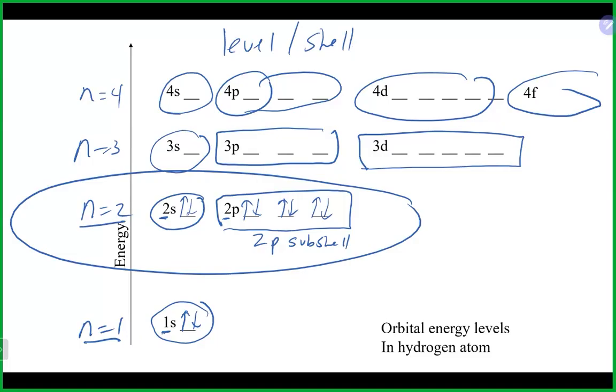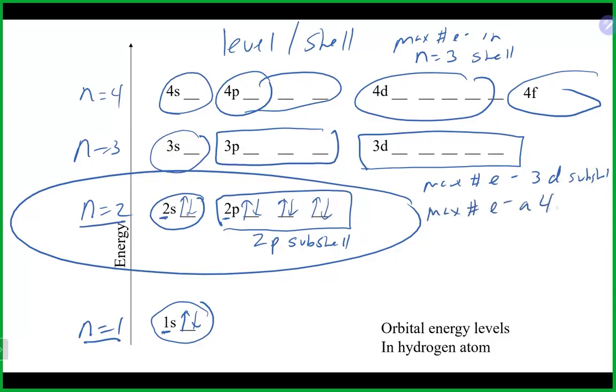So if I wanted to know the maximum number of electrons in the n equals 3 shell, the maximum number of electrons in the 3d subshell, and the maximum number of electrons in a 4p orbital, take a moment. What is the answer to each of those questions?